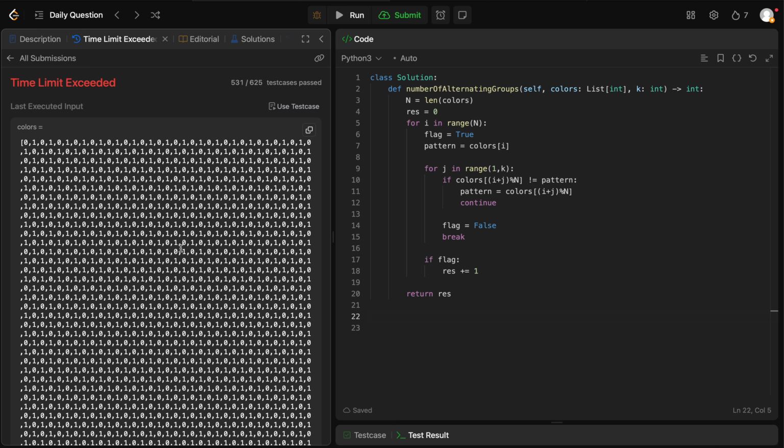Well, how can I optimize this? Yeah, I can go k by k, I think. Yeah, I don't need to check. Yeah, I know what I need to do.